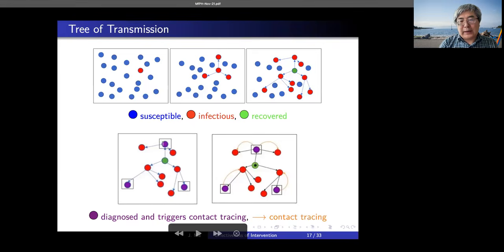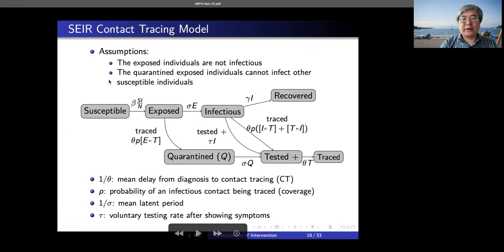If one node is identified, then it follows the tree of contacts to look at all its other neighbors. So we're going to build up this tree of transmission from the disease transmission in the randomly mixed population.